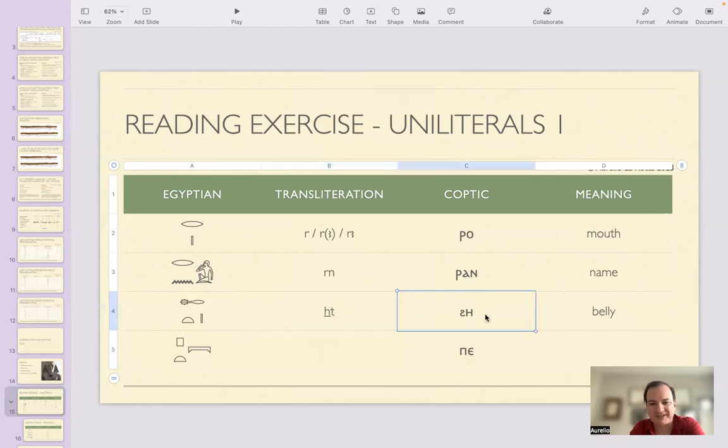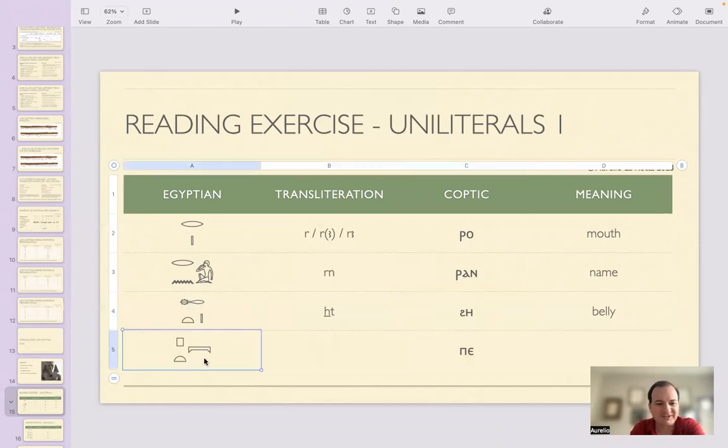So whatever they said must have been a lot like he or he already, just like in Coptic. And then again, the determinative stroke to indicate that we're really talking about the word belly, because that supposedly is an animal belly here with, I guess, a tail at the end. But yeah, that's what's being depicted here.